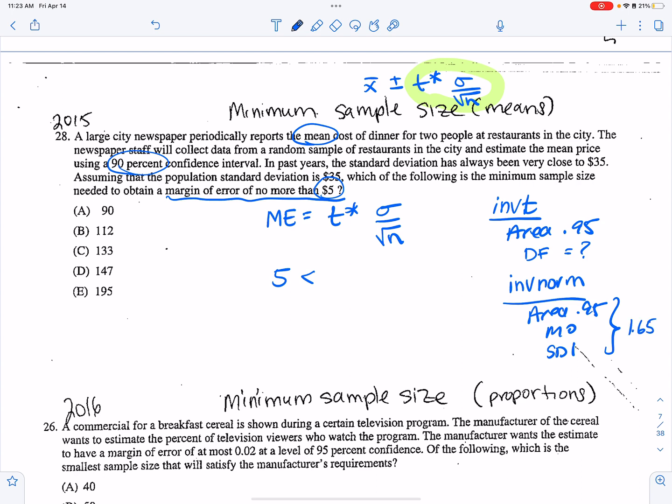1.65. Okay. Now, sigma, it says the standard deviation is 35 over square root of n. And then if you just do some math, let me just do it here. Let's multiply, so 1.65 times 35 divided by 5.